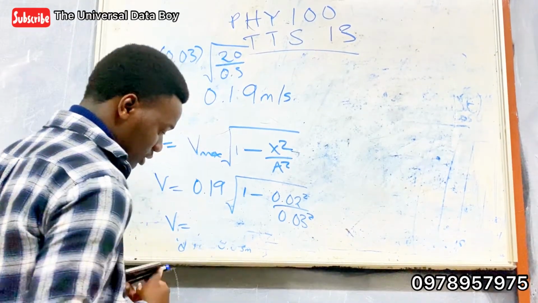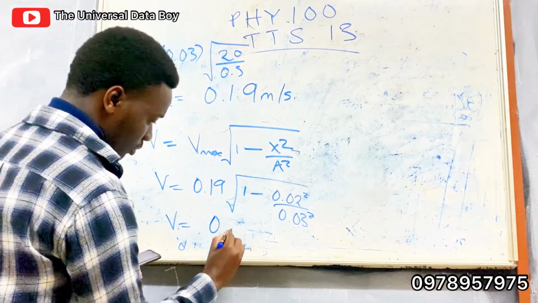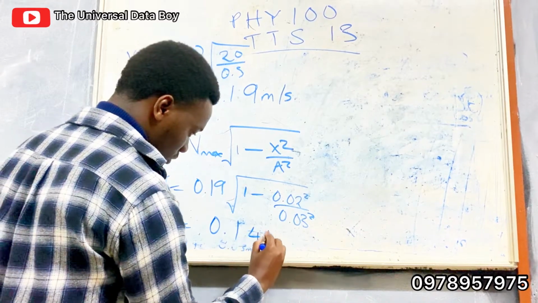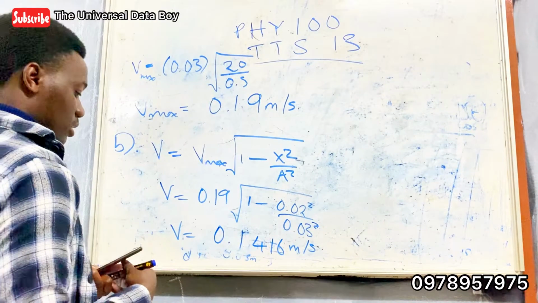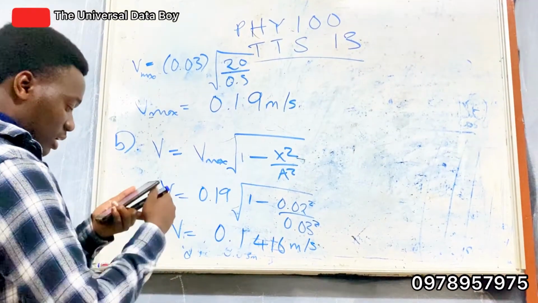This is giving us 0.1416 meters per second, which is the velocity at that point.